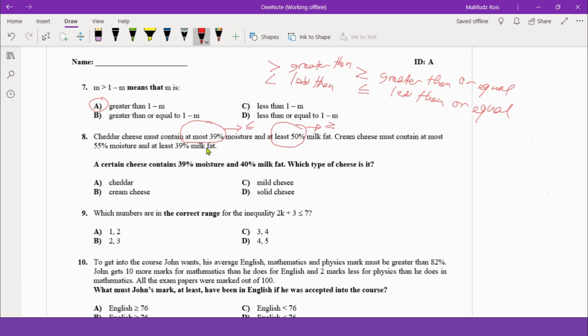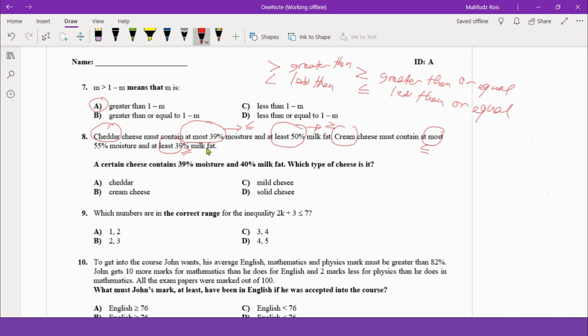So cream cheese, so this is the composition of cheddar, and this is the composition of cream here. At most means less than and at least means greater than. Okay.